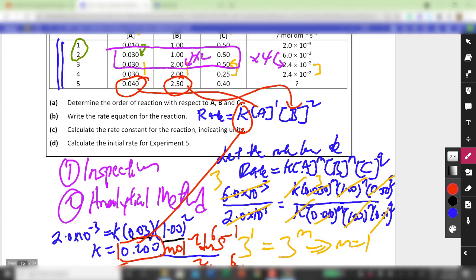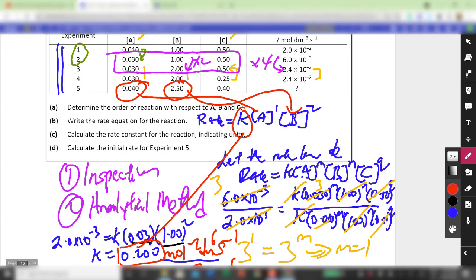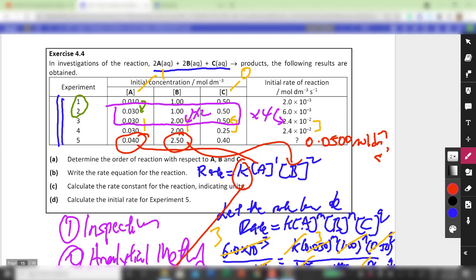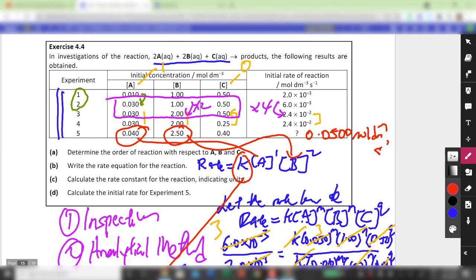If you perform the correct substitution, just punch your calculator, you should be able to get 0.0500 moles per dm cube per second. I hope by showing you how to do exercise 4.4, you are a lot clearer in how to go about solving this kind of problem. But there remains one difficult part.